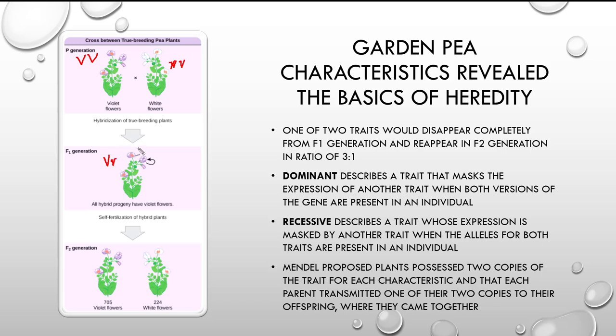So this flower has a big V from this parent and a little v from this parent. Because of that, it has a dominant allele and a recessive allele, but the recessive allele is masked by the dominant. That's why it's showing purple flowers.